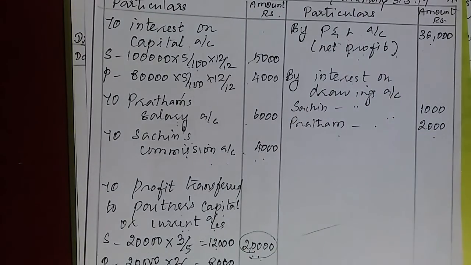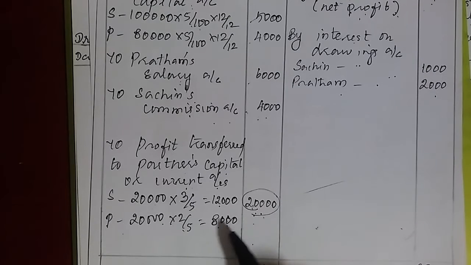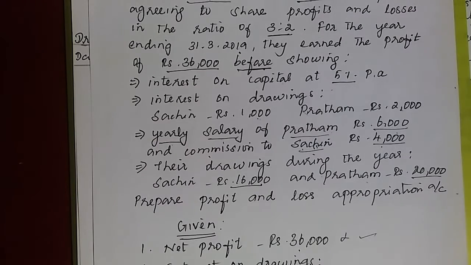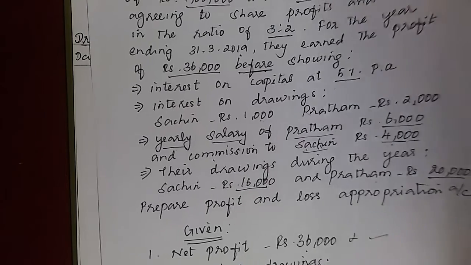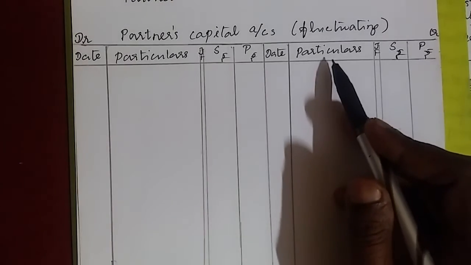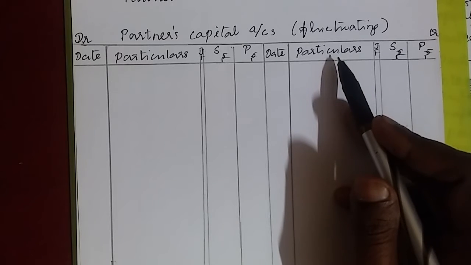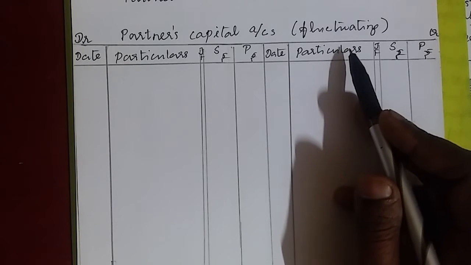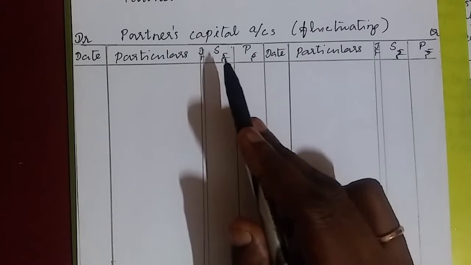First we prepared it and calculated the share of profit: for Sachin 12,000, for Pratham 8,000. After this, we are going to prepare the partners' capital account under which method? Fluctuating method. Fluctuating method means there is only one ledger. What is that ledger?